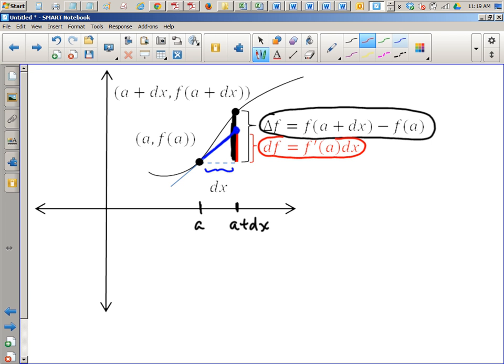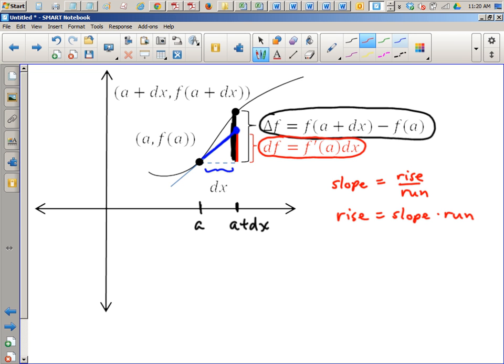So you might be looking at this and saying, I don't understand that thing. What is that? Well, remember that slope is always rise over run. So what you see here in red, this formula in red, is really just like writing rise is slope times run. Rise is slope times run.